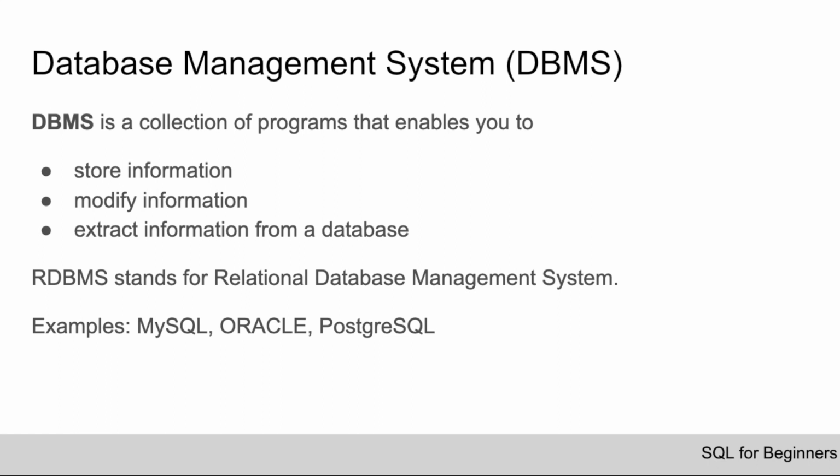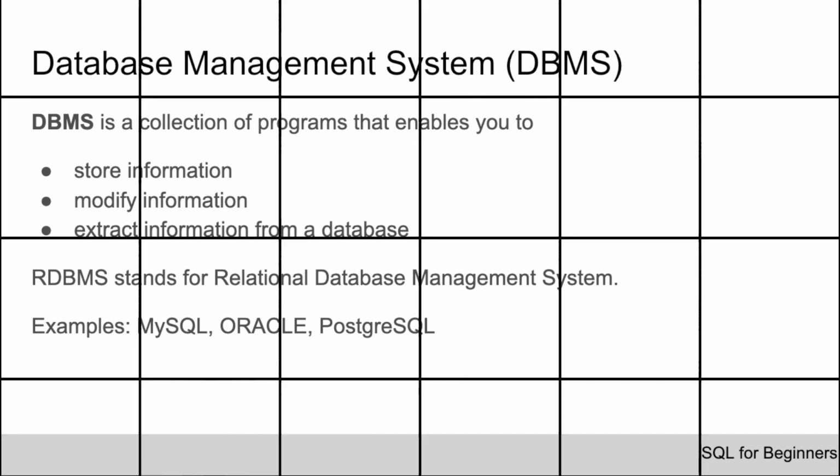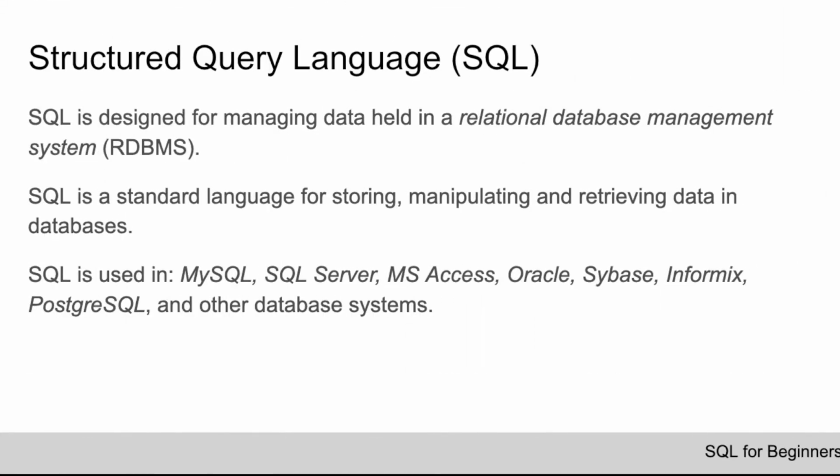These are some examples of relational database management systems which are widely used nowadays, because SQL is getting even more popular because it's easy to understand, easy to follow, and it's very structured, as we have already discussed. Now let's move to the introduction to SQL. Let's talk about the Structured Query Language itself.